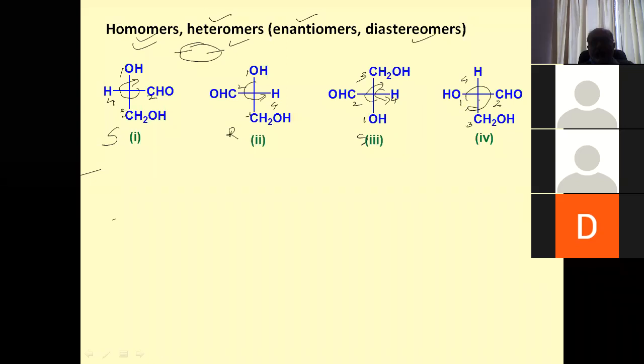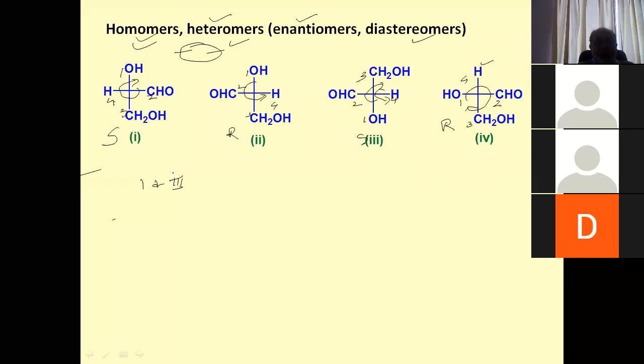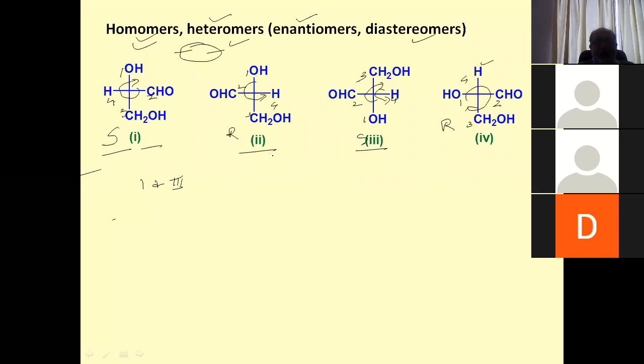This is going to be R because we don't change it, because this is already in the vertical position. This is R. Now you see, diastereomers will not be there. So structures 1 and 3 are homomers, meaning they have the same configuration. But 1 and 2 are enantiomers, opposite configuration.